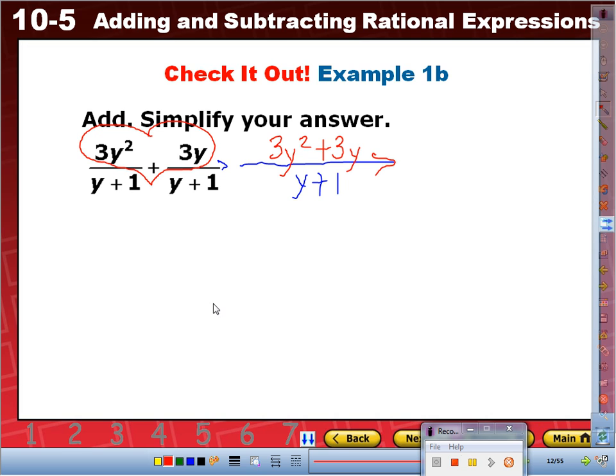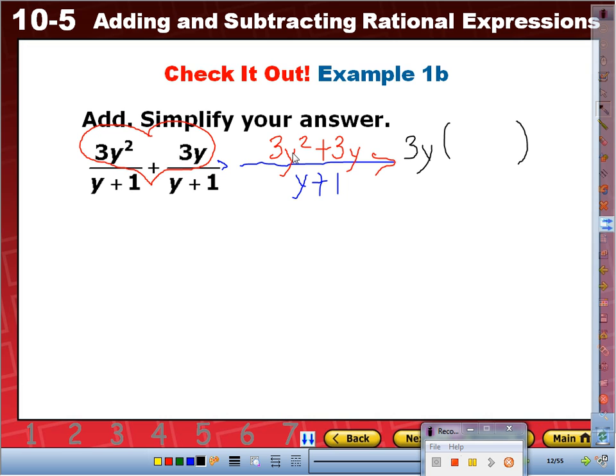Step 4, factor completely. Pass it on. Okay, factor completely. How can we factor this one? What is the first step when you hear the word factor? GCF. Is there a GCF there? 3. What else? Y. That is correct.